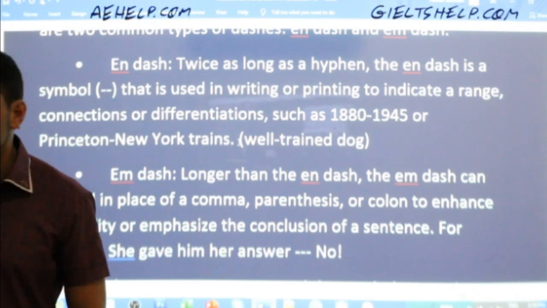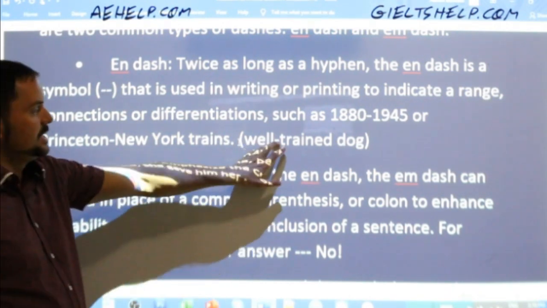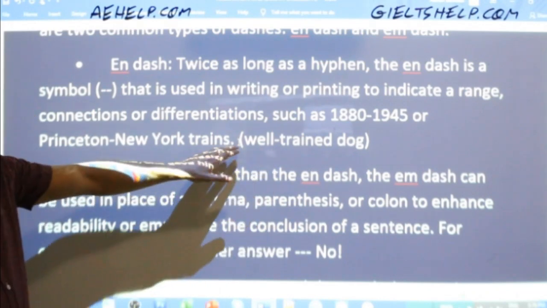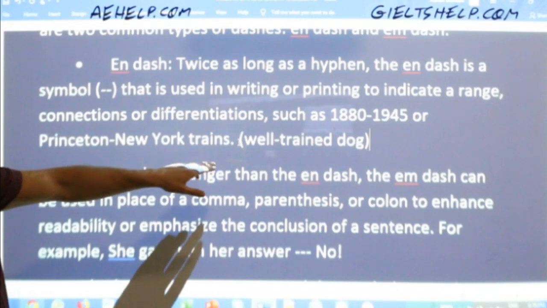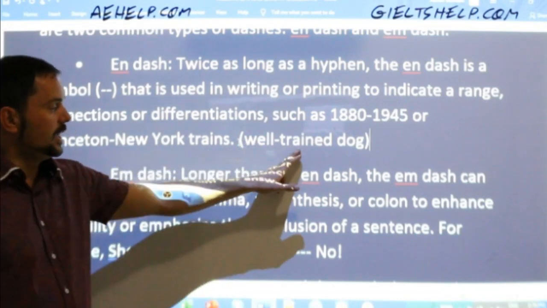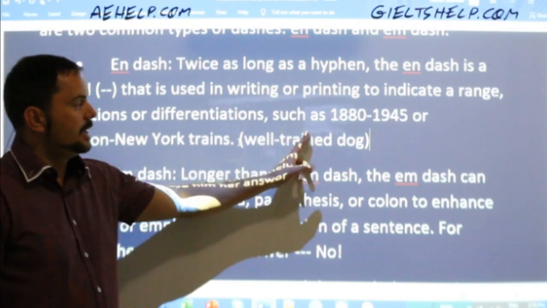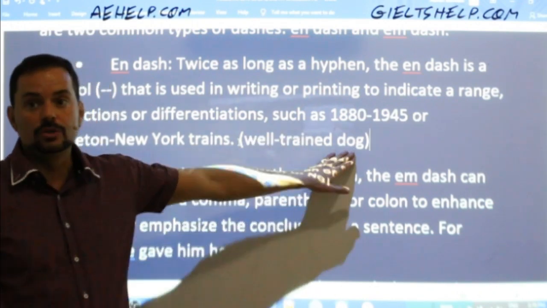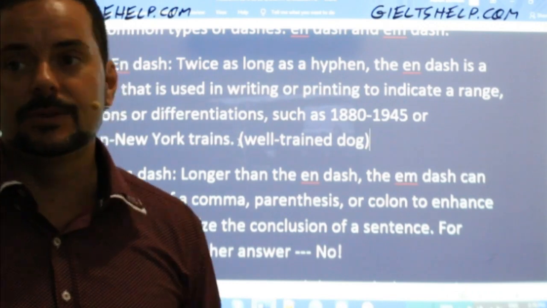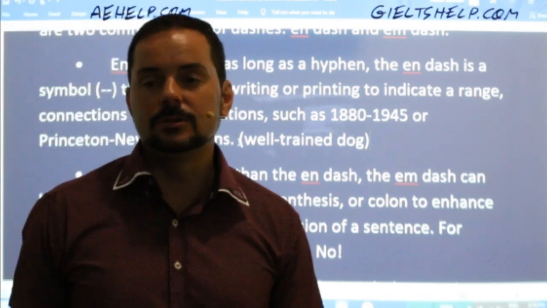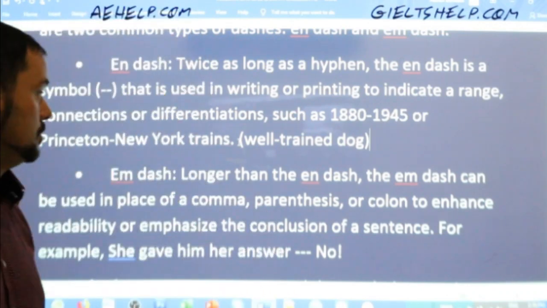Here, in well-trained, I'm using this dash to connect the words well and trained, and by doing that, I'm forming a single adjective for the noun dog. Yeah, Chantal, that's a good one. Absolutely. Brother-in-law, sister-in-law. In all of those cases, we use it.